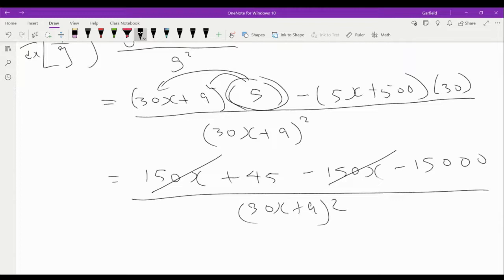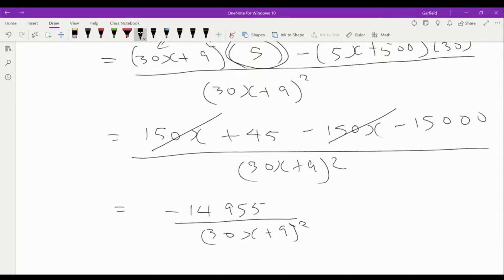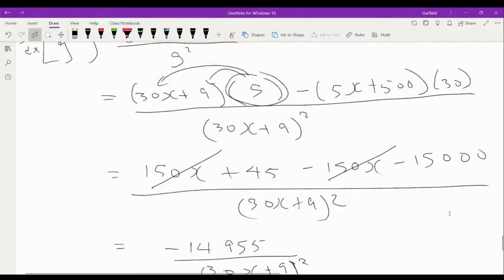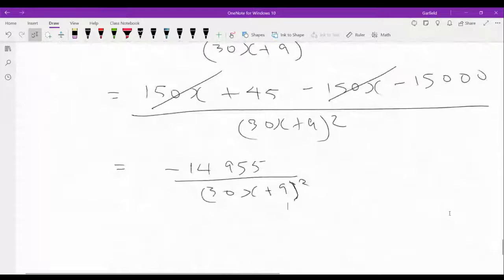So we're left with, what's negative 15,000 minus 45? Negative 14,955, I think, over 30x plus 9 all squared. I'm doing all of this arithmetic in my head, so if I make an error, please forgive me. So this is what d prime of x is equal to.